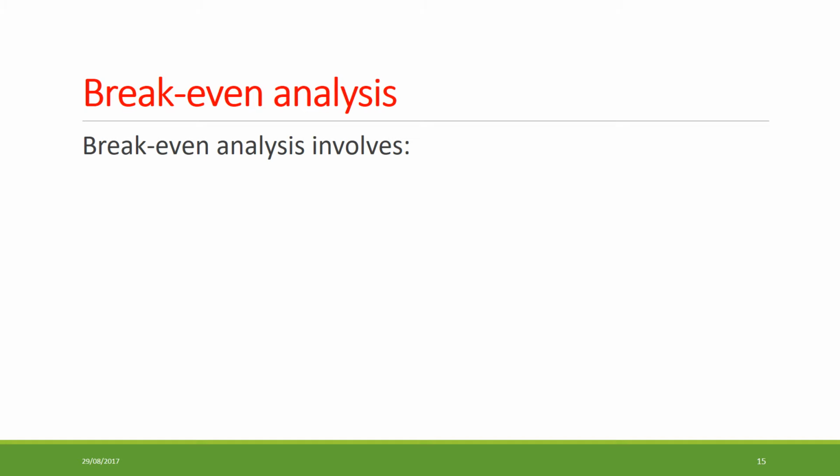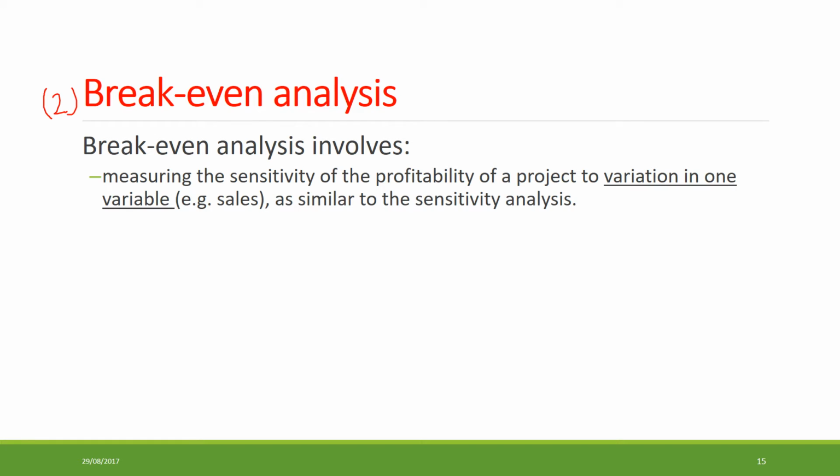Okay, we then come to the next sensitivity, so robustness analysis, where we look at the break-even analysis. So with the break-even, this is what we do. We firstly measure the sensitivity of the NPV, or the profitability of a project, in relation to one variable only, right?